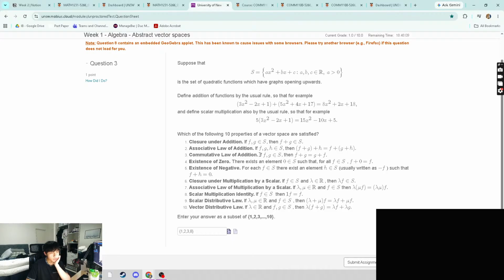Closure under addition works. Associative law of addition works. Does closure under addition work?